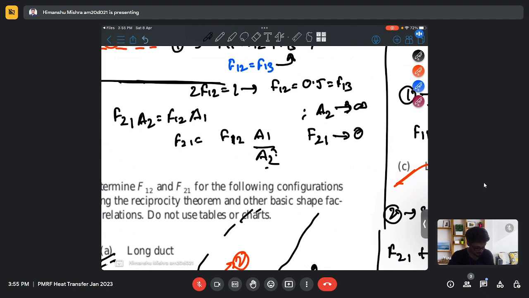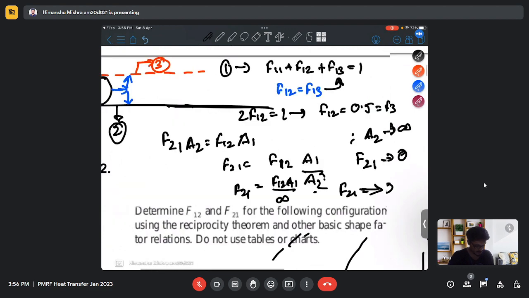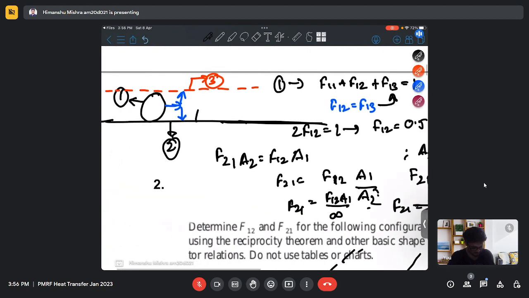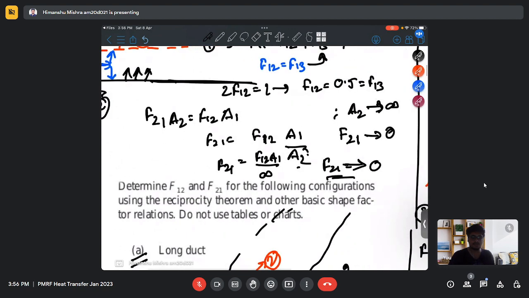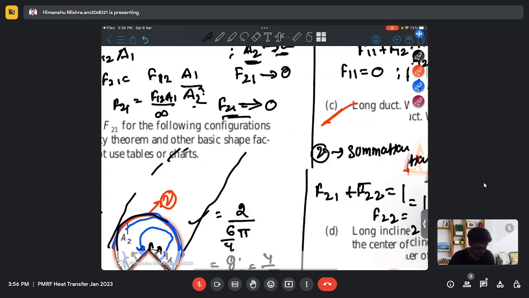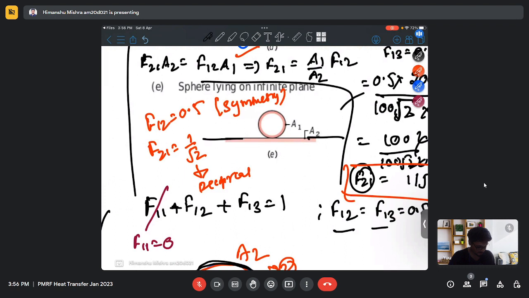So basically it is F12 A1 divided by infinity, so F21 tends to 0, which means no amount of radiation coming from surface 2 will be incident on surface 1. I mean, it is negligible. So my shape factor F21 is 0 because my area A2 is tending to infinity, because here there is an infinite surface which is given, infinite in both directions.